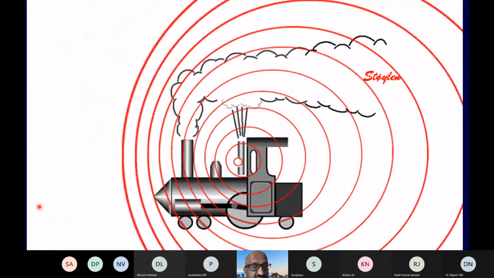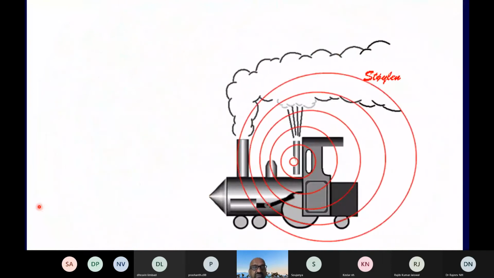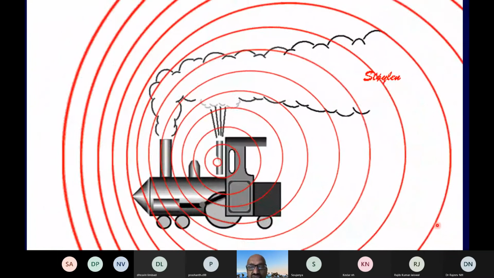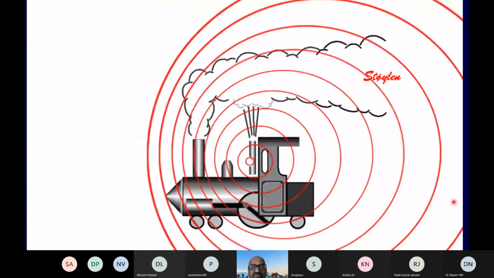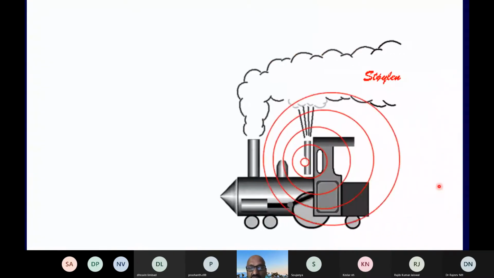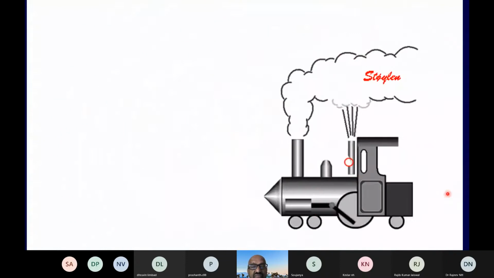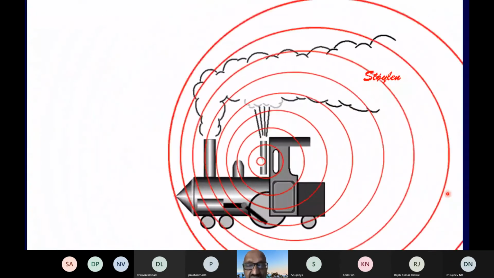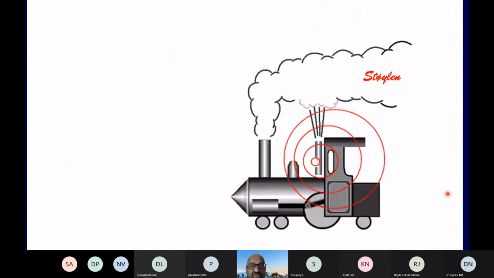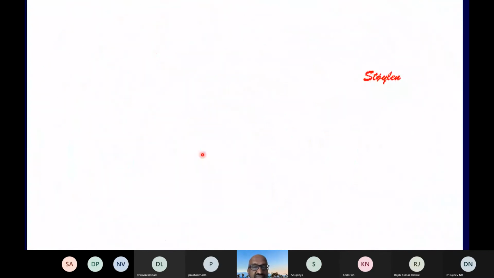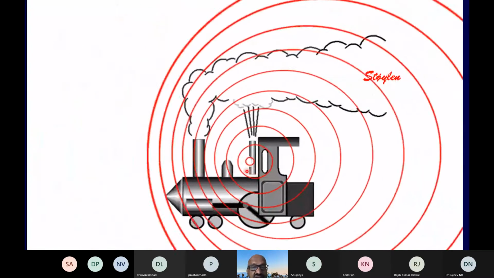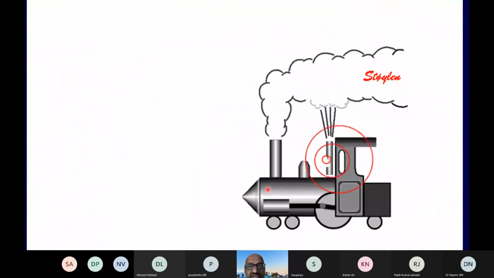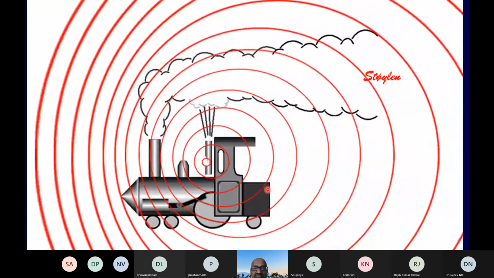As the object reaches the transducer, the frequency increases, and if the object is moving away from the transducer, suppose it's on the right side of the screen, the frequency will decrease. So this apparent change in the frequency as compared to the transmitted frequency, which is coming from the object, is called the Doppler shift.